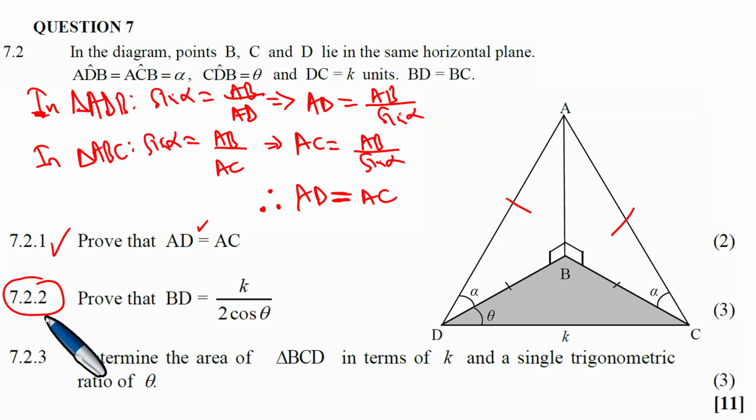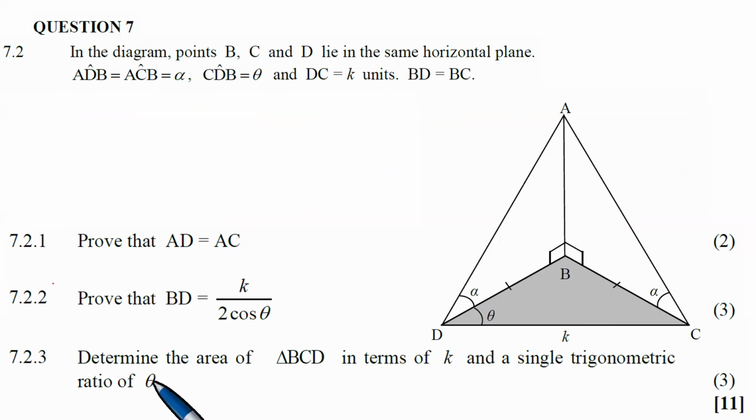Right, because we want to do 7.2.2, and to do 7.2.2 in triangle BDC.